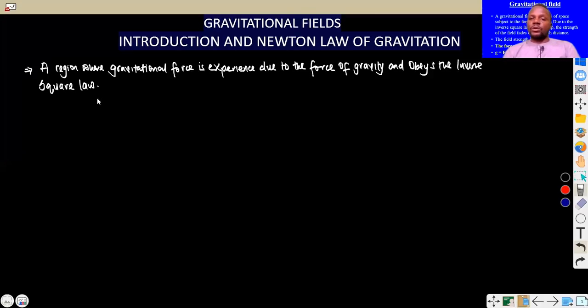The next point we are going to talk about in this slide is what we call Newton's laws of gravitation. I believe you might have studied it in early classes.